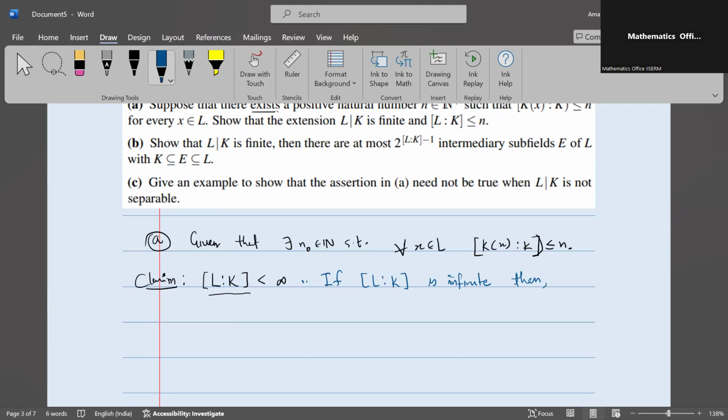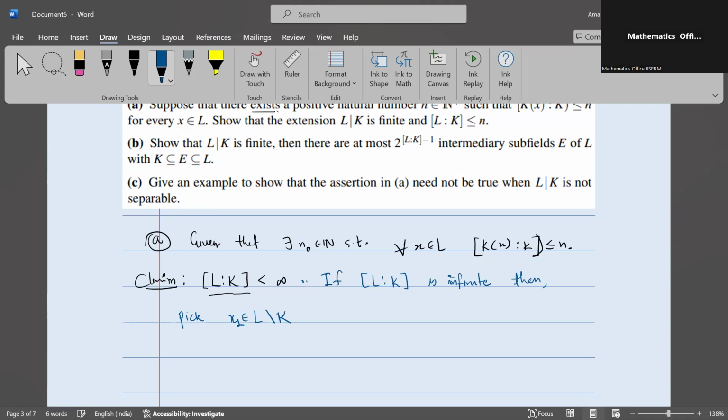Then pick some x1 belonging to L but not belonging to k.